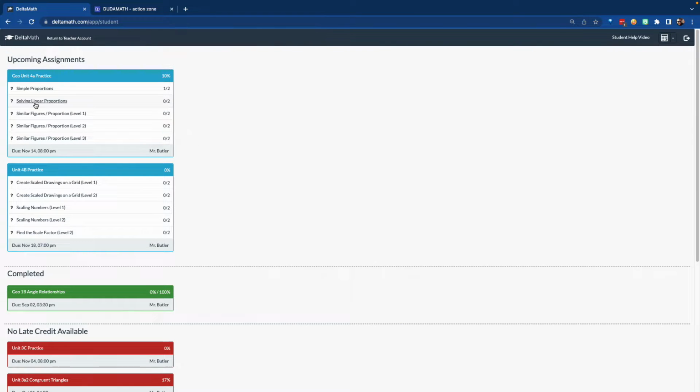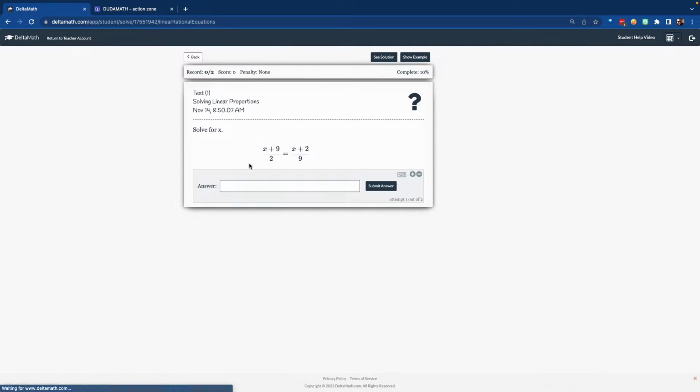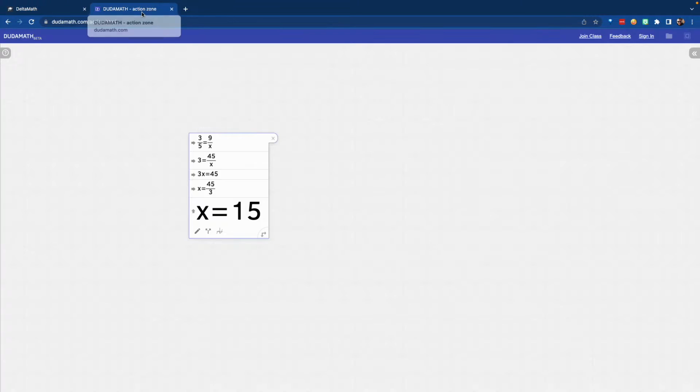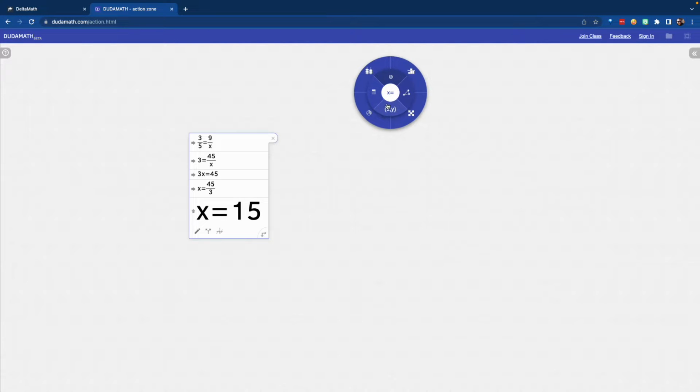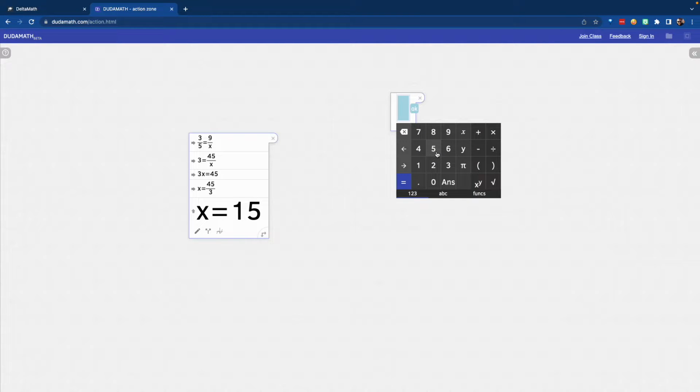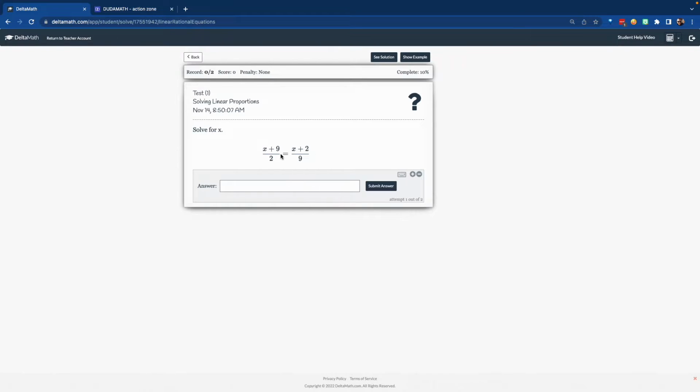Let's take a look at solving linear proportions. This means that we're going to have slightly more complex equations in here, but we can still use Do2Math as a support tool or our own pencil and paper or whiteboard practice. We are going to have a fraction, but we need to put it in parentheses because it's got multiple pieces to it.